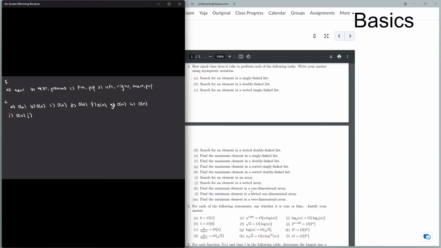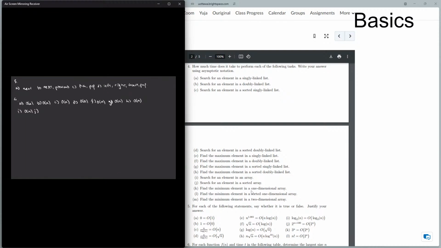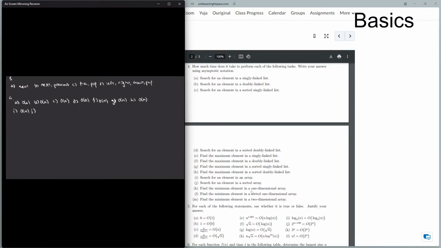Search for an element in a sorted array, that's log n. Okay, find the minimum element in a one-dimensional array, that's O of n. Minimum element in a sorted one-dimensional array is O of 1.